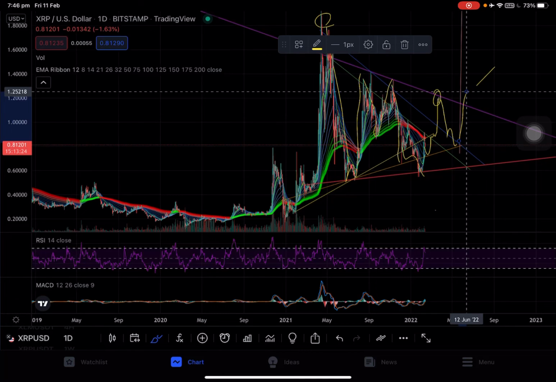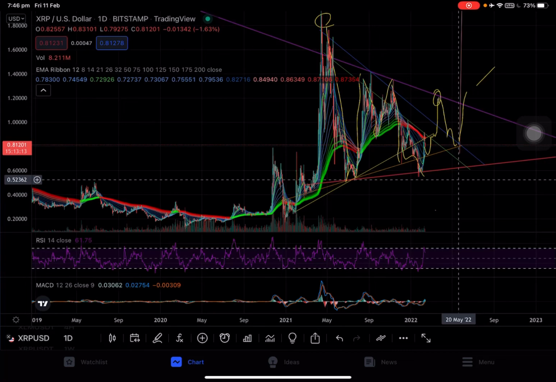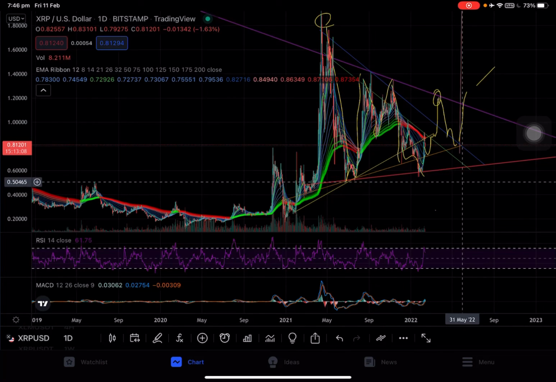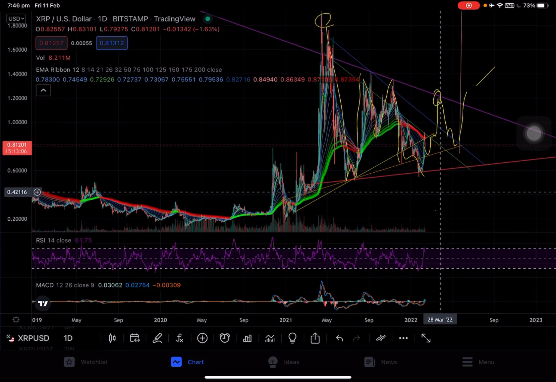But if you look at this asymmetrical triangle that is building, it looks like it could be extended for some time to come. Because as you can see here, we're looking at these dates, and this is May, the end of May, June. So it might come back up to $1.20, and who knows what this market is going to give us.